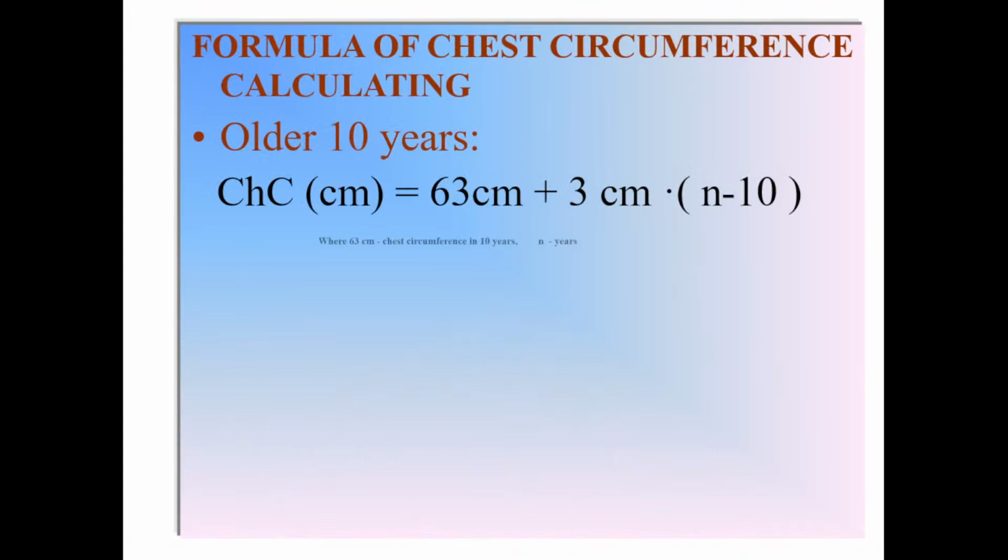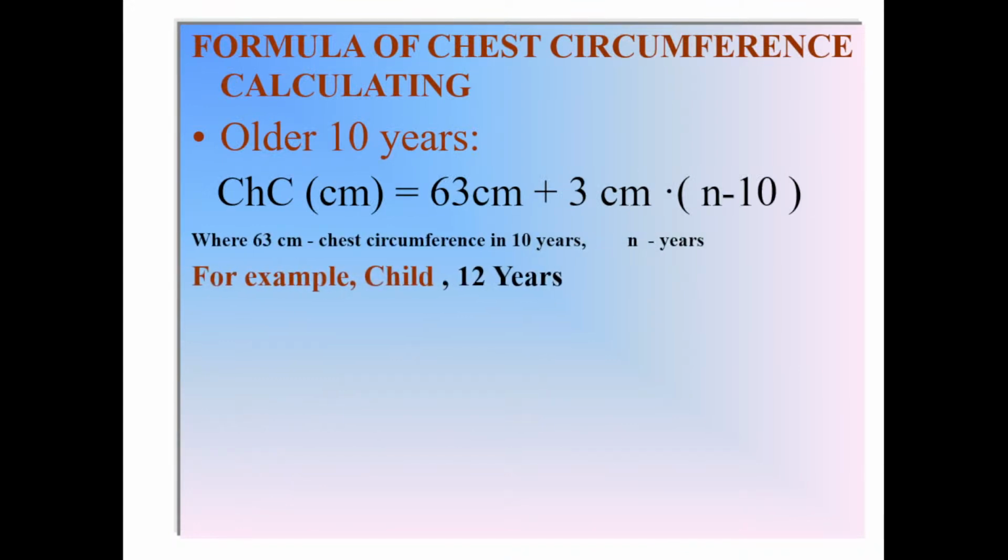For older than 10 years old, the chest circumference formula is here, and for example, a child of 12 years old has chest circumference nearly 69 centimeters.